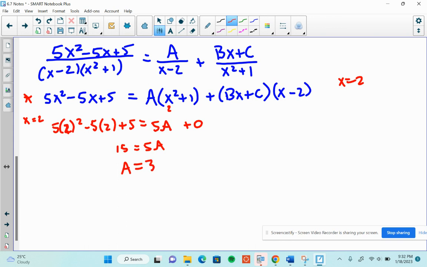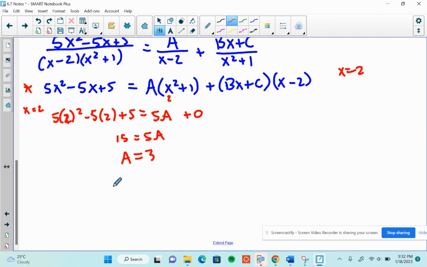All right. Now, this is where we're going to do something a little bit different this time. I'm going to distribute here, distribute here, distribute here, distribute. So we're going to rewrite the equation as 5x squared minus 5x plus 5.